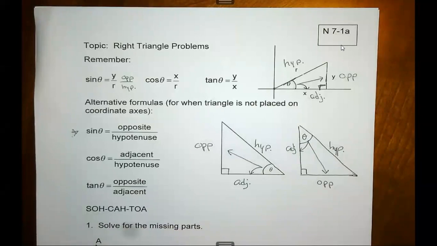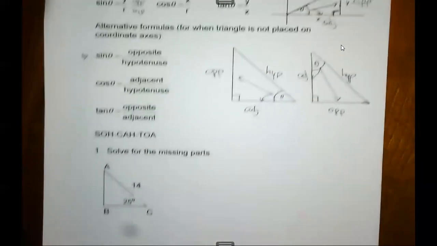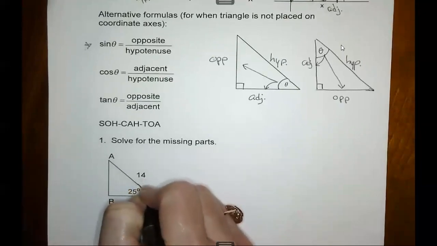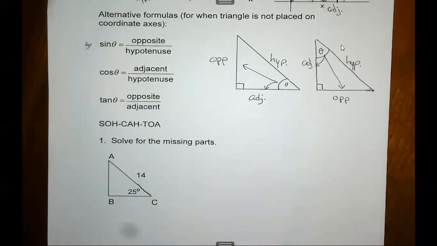Okay, so down here, we have a triangle drawn for us. It's triangle ABC. Now you need to know, in all of the triangles that we draw, these are the angles: angle A, angle B, and angle C. And in this picture, angle B is my right angle.